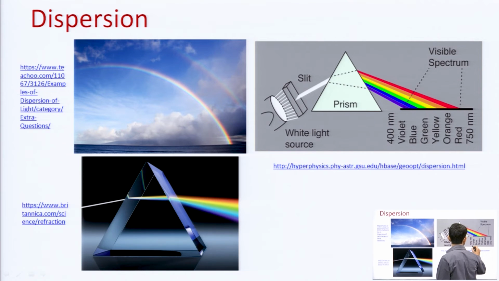We know what the 7 colors are: violet, indigo, blue, green, yellow, orange, red. Okay. And this is another image of a prism, an actual image taken, and this is how we see rainbows. When there are water droplets, they divide the white light into 7 different colors. Okay. So, this is dispersion.